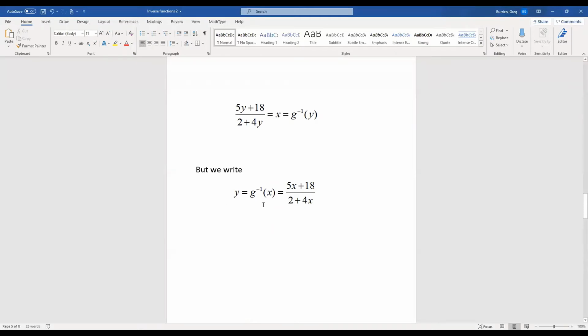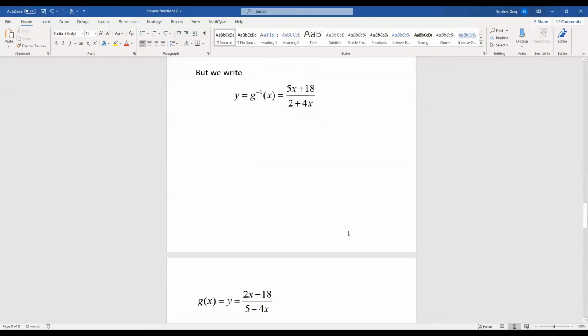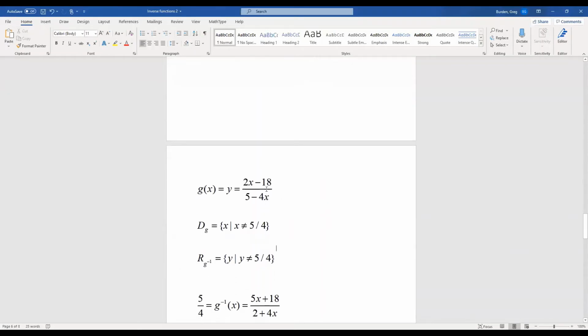So the domain of G inverse is everything except for -1/2, which means that the range of G likewise has to leave out -1/2. So you could set up an equation (2x minus 18) over (5 minus 4x) is equal to -1/2. Try to solve that. You'll find that it does not work.